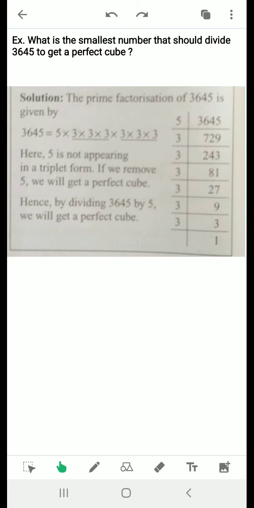If one 3 is extra, then we will multiply it by two 3's so that we can make a triplet. And if we need to divide, then whatever is extra, we should divide by that number. Here you can see that 5 is extra after making the triplets, so divide it by 5. Hence we will divide the number by 5 to get a perfect cube.